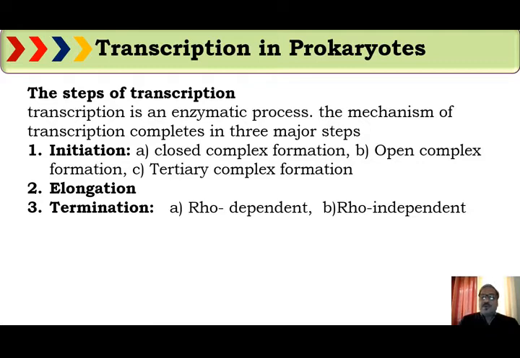Now, in prokaryotes, there are two types of termination. One type of termination is rho dependent, and the other type of termination is rho independent. So now we shall see each of these steps in detail.